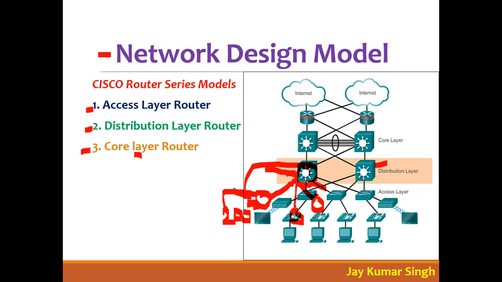Then all the requests are coming here. So this router has distribution functions, and it distributes the data, like a post office. When the letter comes, meaning when the data comes, that's why this device must have powerful capacities.